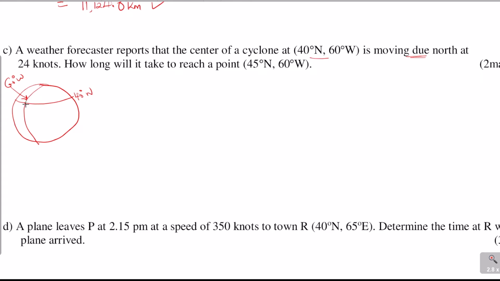So this is the point. It is moving from here. I want you to look at that distance. It is moving due north, meaning it will move along that longitude at that speed that is given.